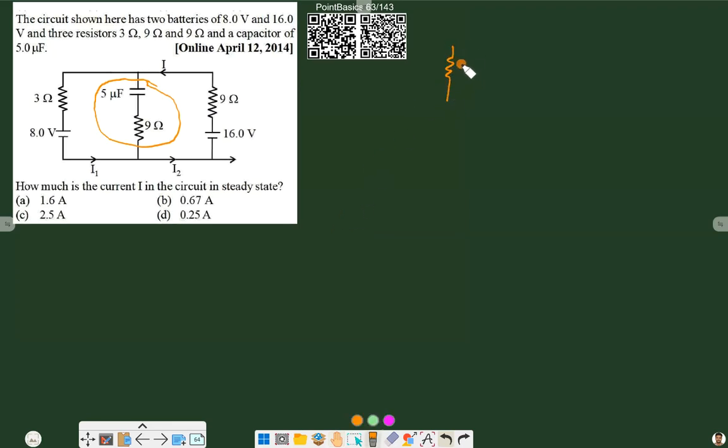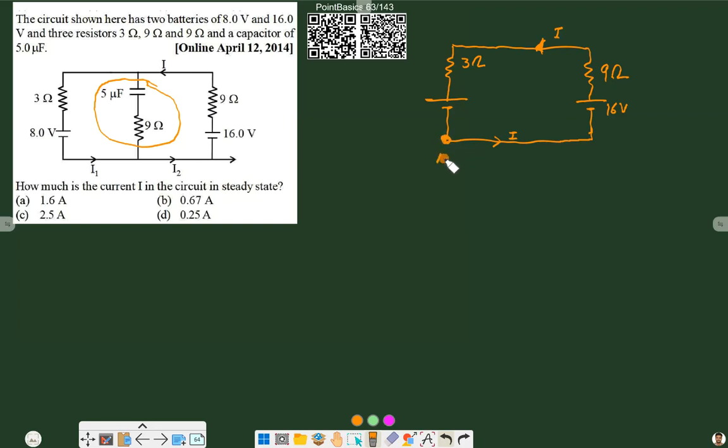We have here a 3 ohm resistor, we have a battery here of 8 volts, then we have a 9 ohm resistance, a battery of 16 volts, and they are connected in such a way. So suppose, as already given, that current I is flowing in the circuit. So this is the current I and it will be flowing everywhere.